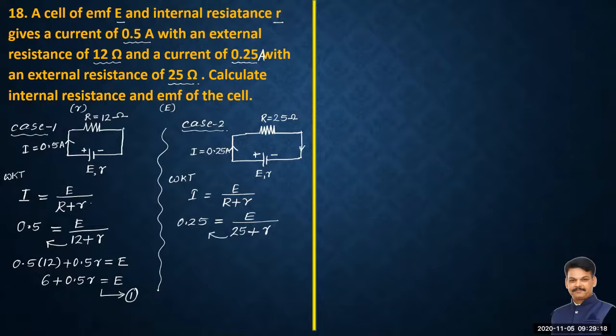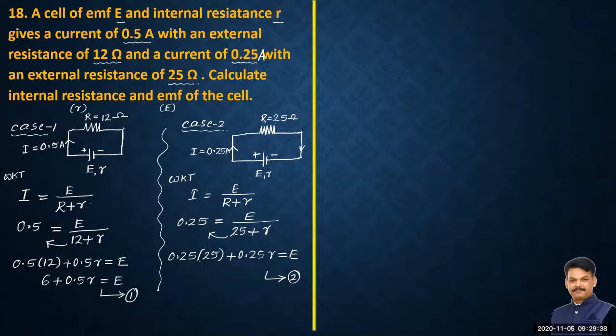Shift the denominator. It will be 0.25 into 25 plus 0.25 into r is equal to E. Call it as 2. Now I have two equations, right?